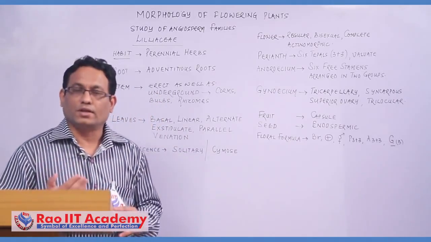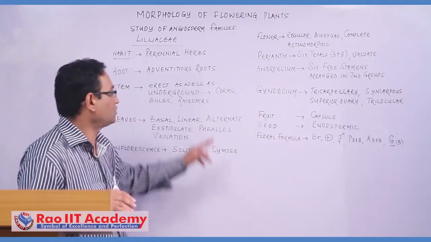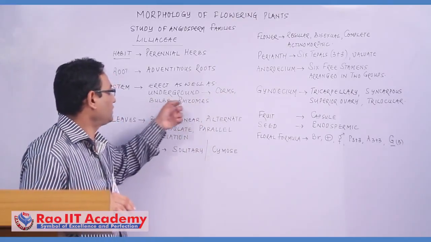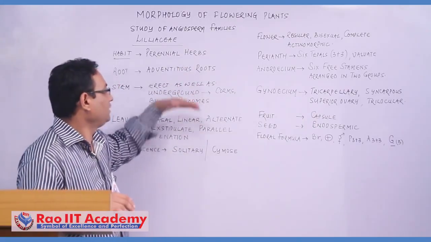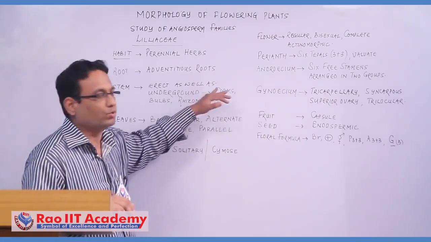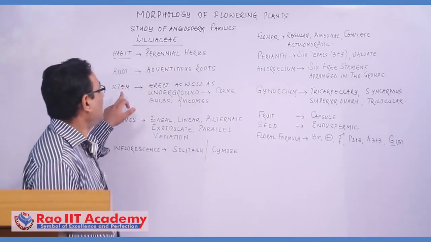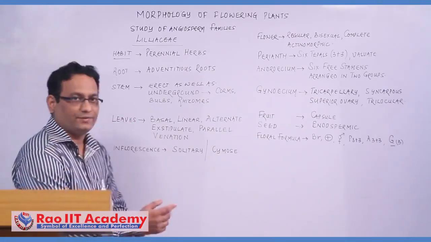In the morphology of the stem, we have already discussed underground modifications including corms, bulbs and rhizomes. The family Liliaceae is characterized by these types of stems, which store a lot of food. So you have the habit, the root and the stem, to be followed by the leaves.